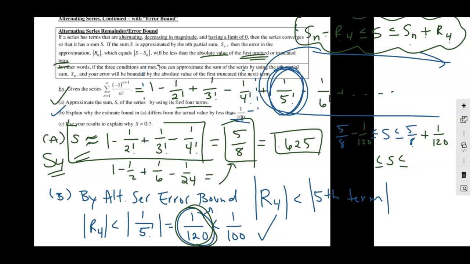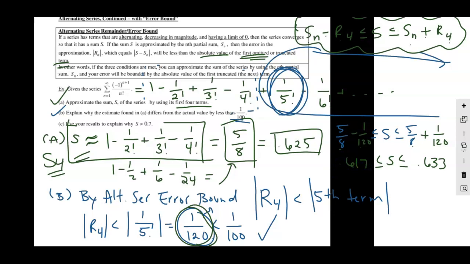If I took 5/8 and added in my biggest error size, I would end up getting 0.633. If I were to take my approximation and subtract the biggest error, to figure out the other extreme, what's the worst I could have gotten in that direction, it would be 0.617.